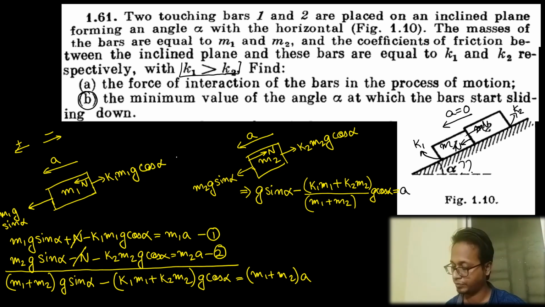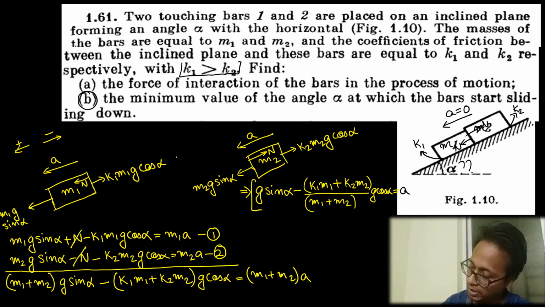So this is the value of acceleration that we have. To find out the value of alpha, the angle at which the block starts sliding, the value of a should be put equal to 0. So the value of a is equal to 0.